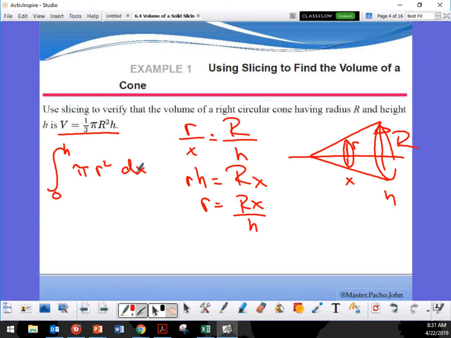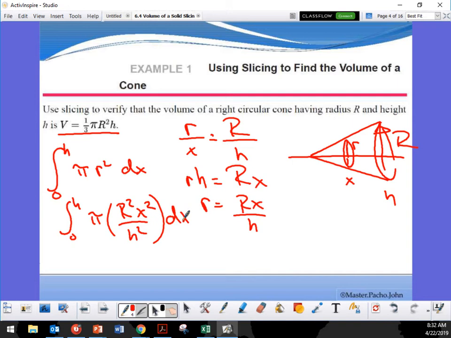Rx over h, right? So I'm going to have integral from 0 to h of pi, r squared, so I square these, so it's going to be r squared x squared over h squared dx. Oh, I see how it works.